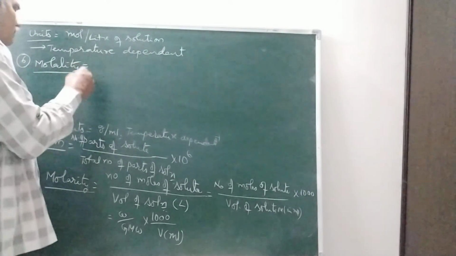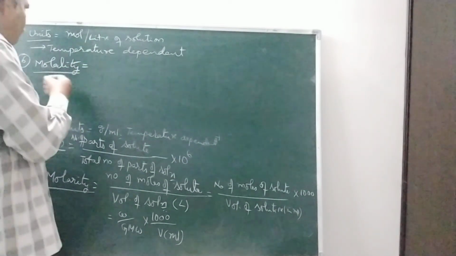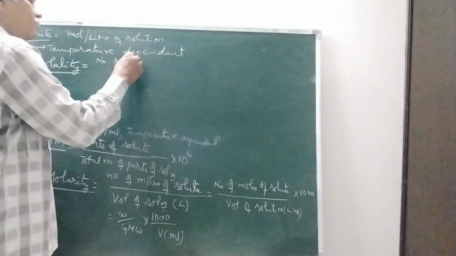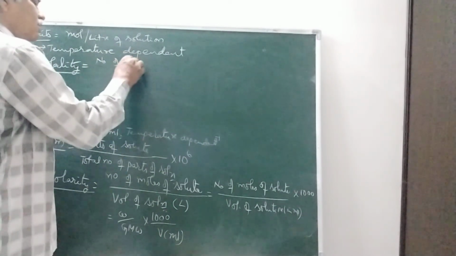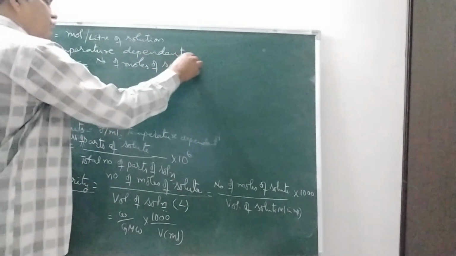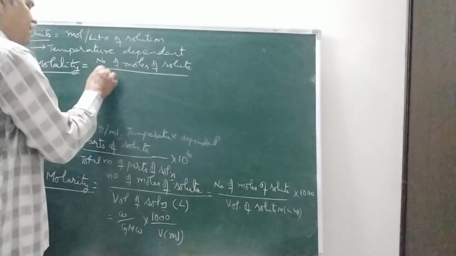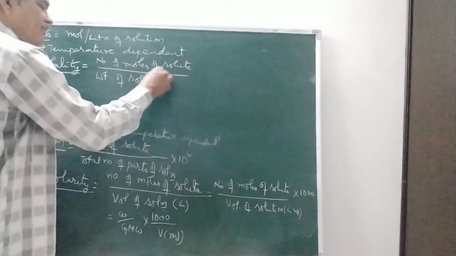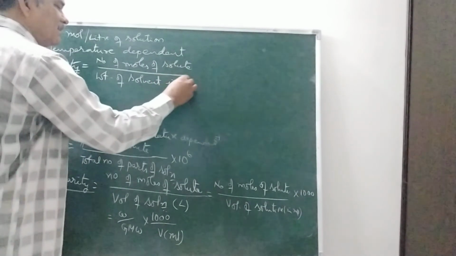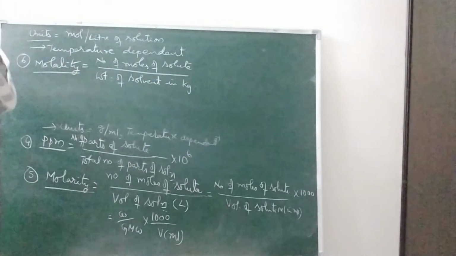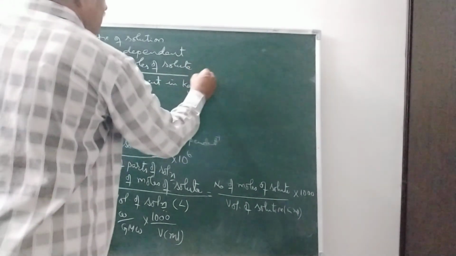So we can take the formula of molality as number of moles of solute by weight of solvent, not solution, weight of solvent in kg. That is the formula. Or number of moles: how will you get number of moles?